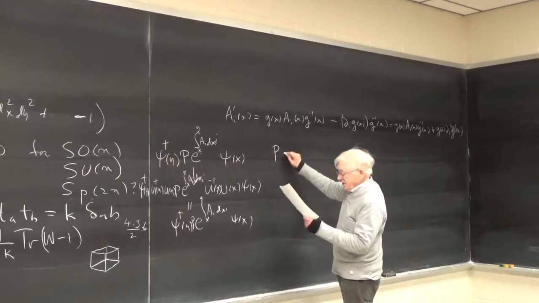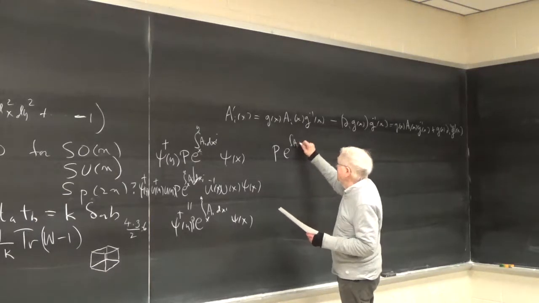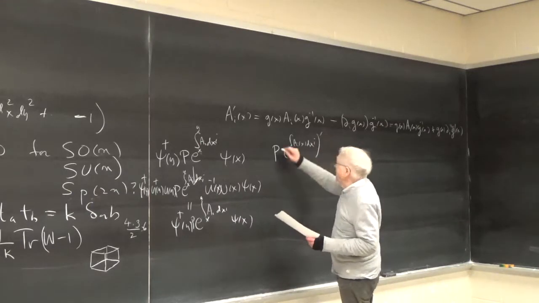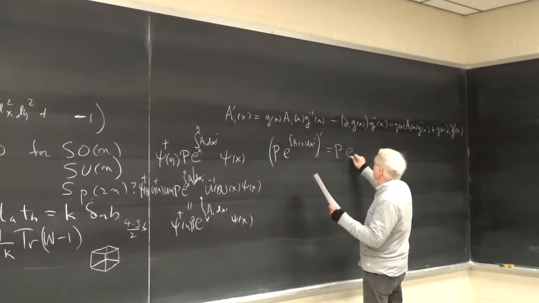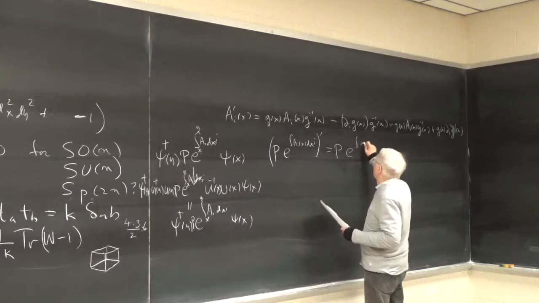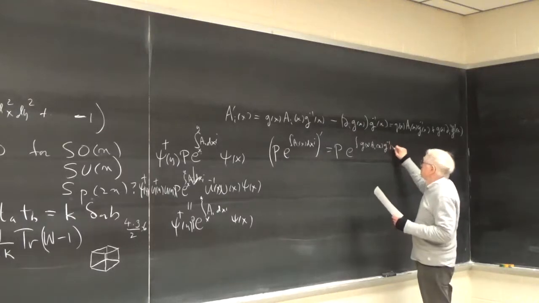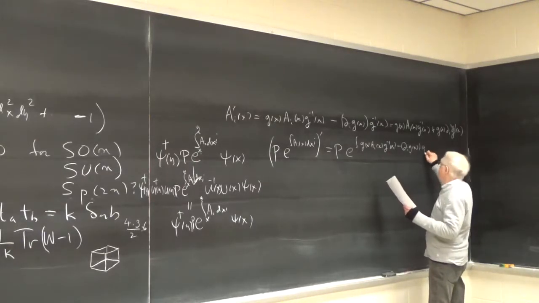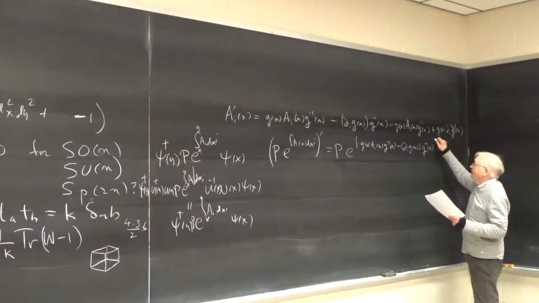So if we imagine that we've got this integral of A_i of x dx^i, and we've made this gauge transformation, then this is a path-ordered exponential of an integral, and now it's g of x, A_i of x, g inverse of x, minus d_i g of x, g inverse of x, dx^i.